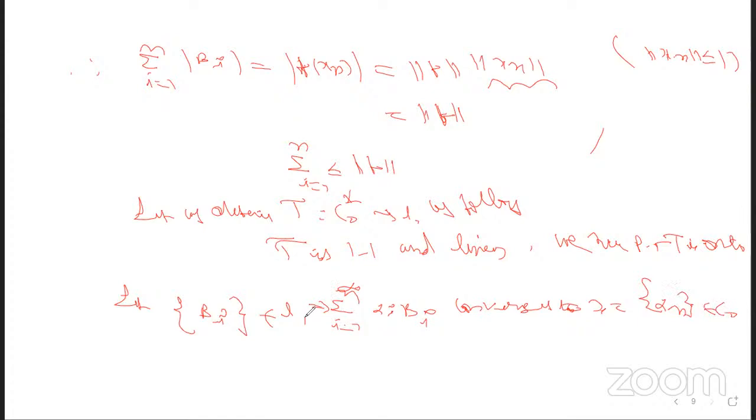So again, define f on C naught as follows. f of x equal to sigma i equal to 1 to infinity alpha i beta i.